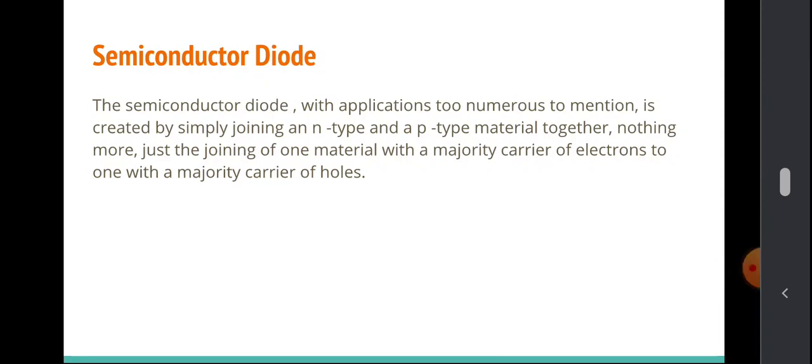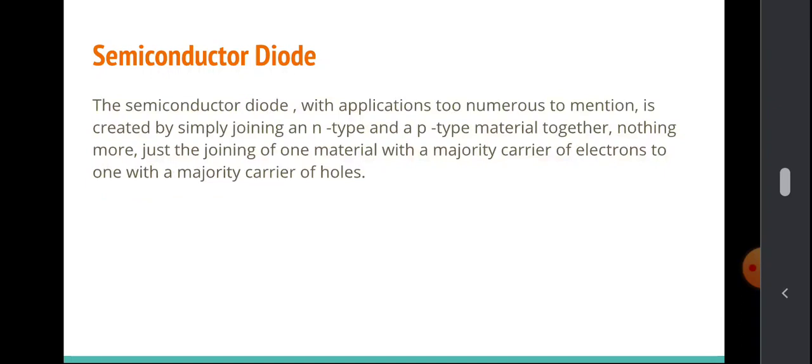Semi means not complete, while conductor means something which can conduct electricity. In other words, semiconductors are a group of materials whose electrical conductivity lies between that of a conductor and an insulator. The conductivity of a material can be varied over orders of magnitude by changing temperature and adding impurities.